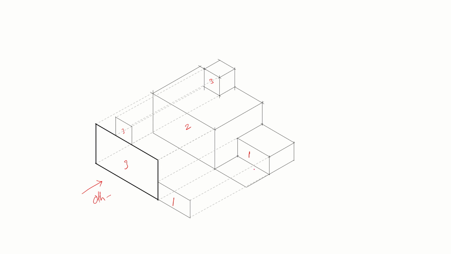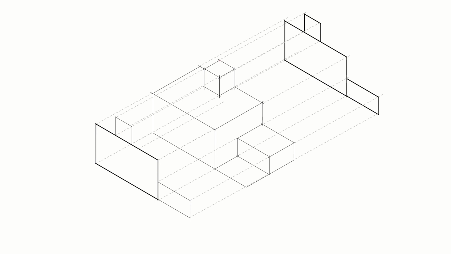If we do this for other sides as well, I can do the same for this side. We can project all those edges and then construct it. How does it look from this side? I can draw the rear side.